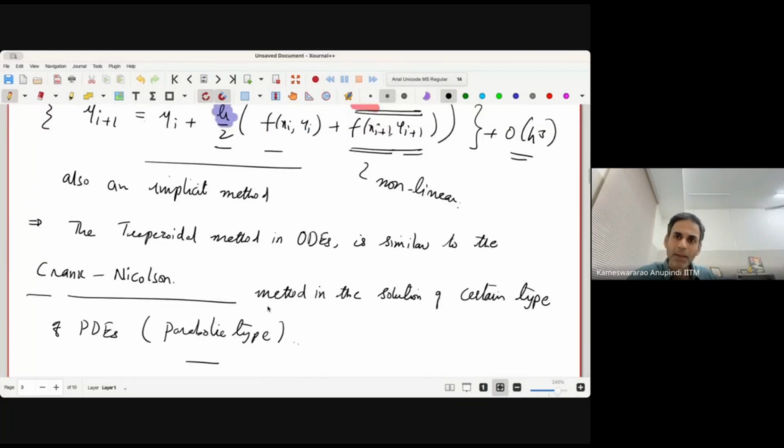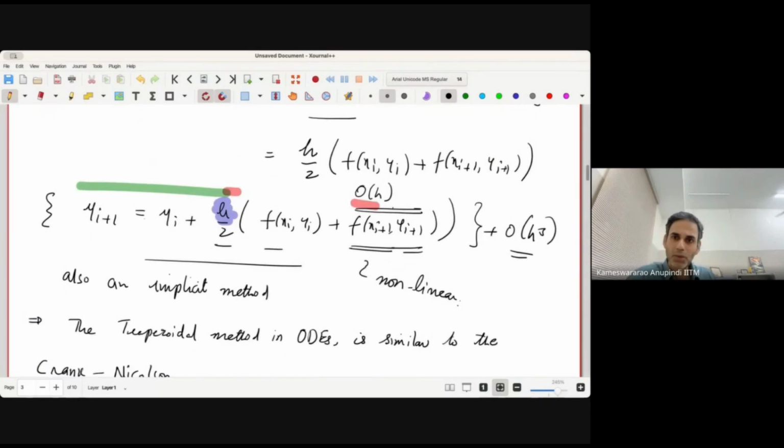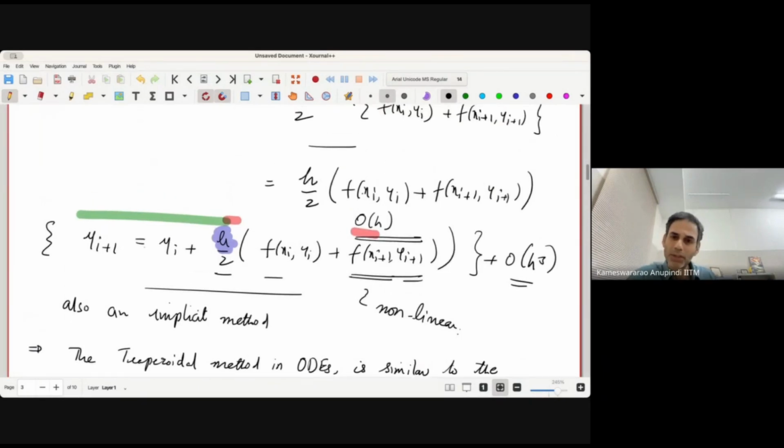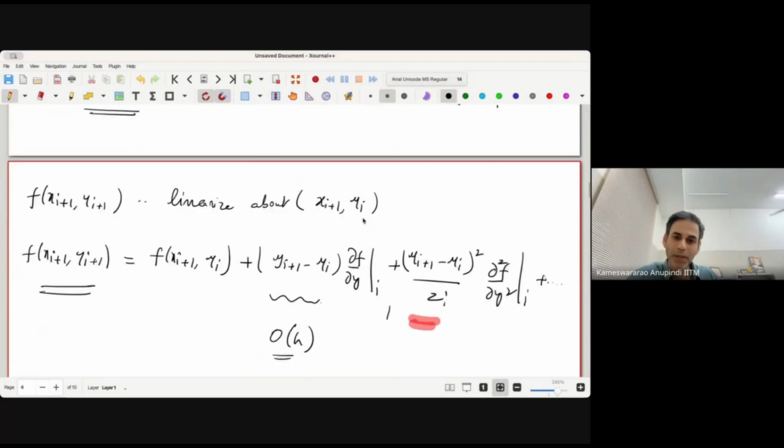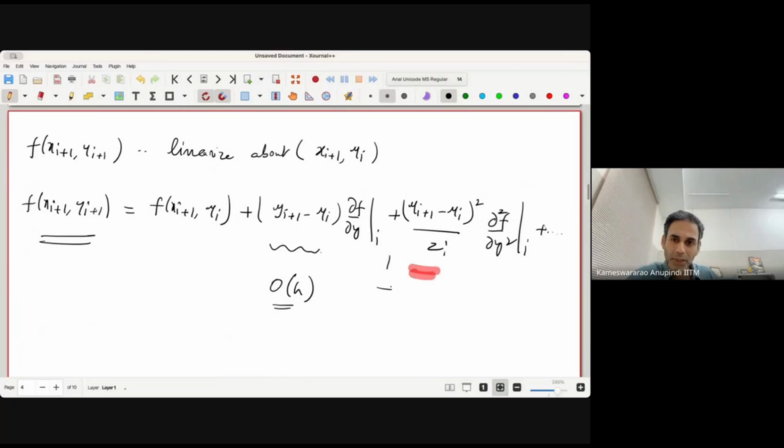Let us see. Okay, so I have h by 2 times f of xi, yi plus f of xi plus 1, yi plus 1. So this term, if I can express it to order h square, oh okay, I'm going to include this term. This is order h, but the next term is order h square. So the truncation error, which I'm not going to write, is of the order h square.